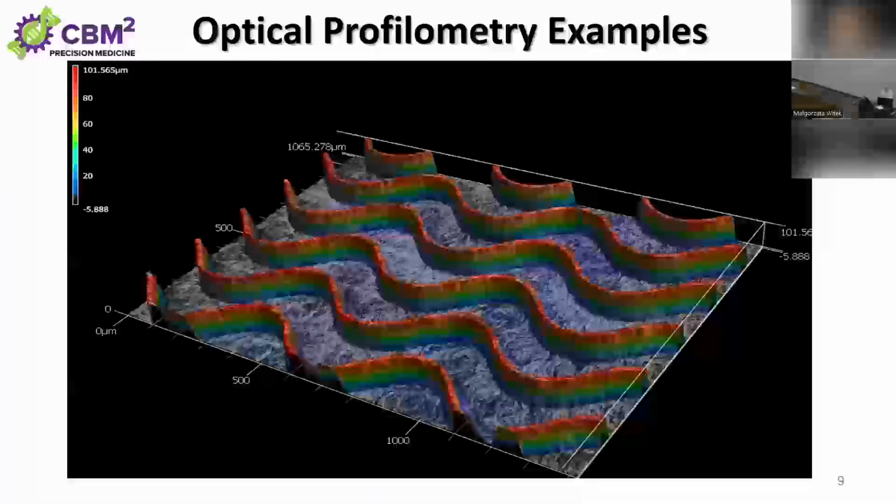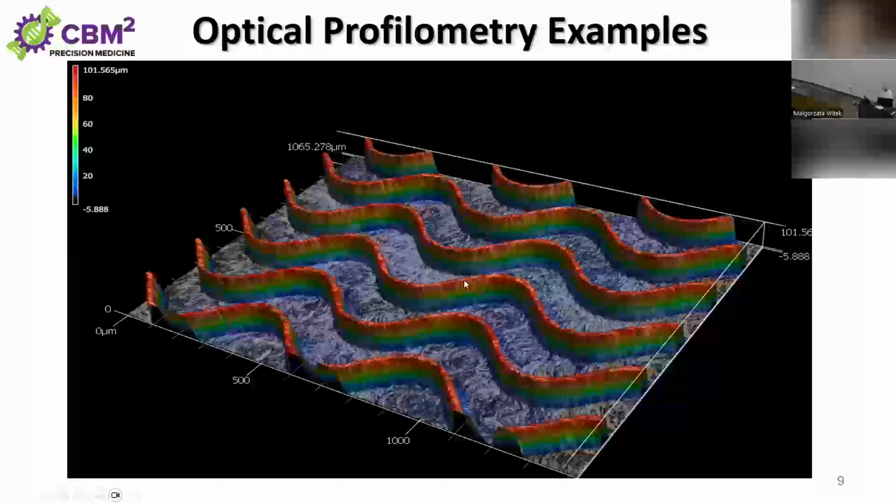Okay, so I'm going to skip this one, but Brian, this gives you the answers of that chip I gave you. So you can see here, this is called a confocal image of that particular chip. And it'll measure this, even though this is on the molding tool. The molding tool has what's called the reverse polarity of the final structures we want to make.